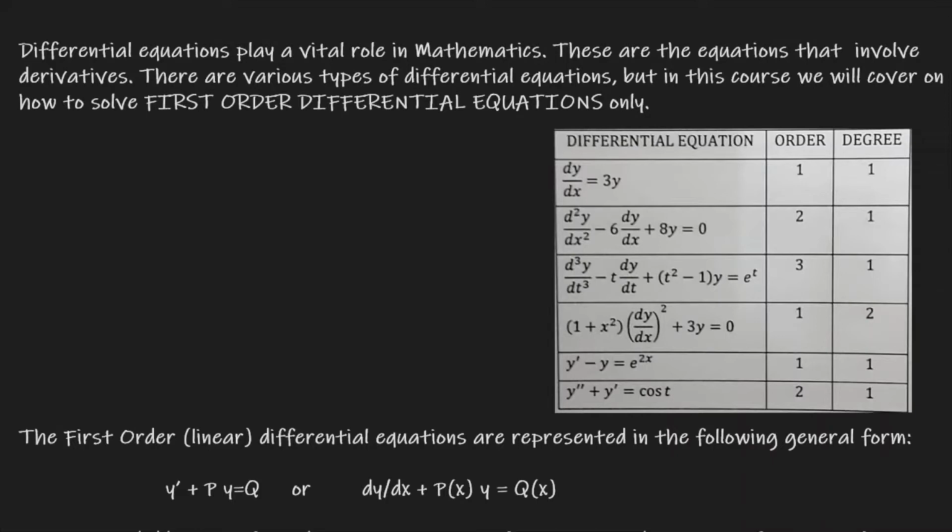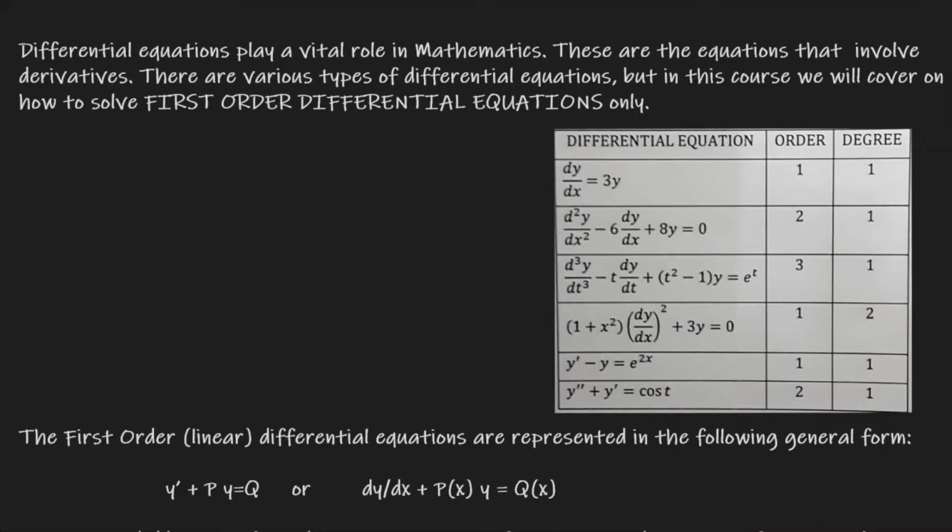There are various types of differential equations, but in this course we will only touch on how to solve the first order differential equations. Okay, the examples of the differential equation as given in our book, and you can see the order.